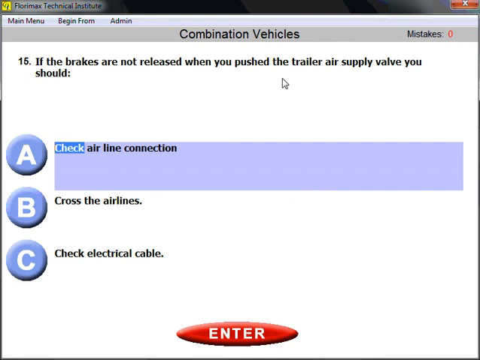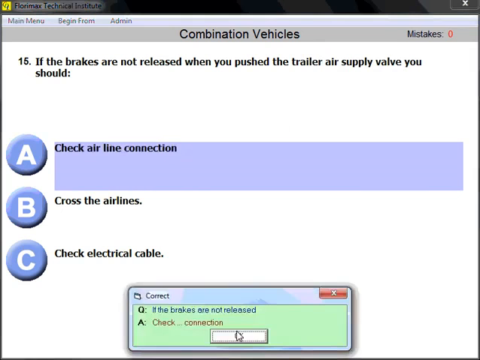Even if you don't know what the trailer air supply valve is, it's something with the air. So if it is not released, something is wrong. Don't cross them. Don't check electrical connection. Trailer air supply valve: check airline connections.